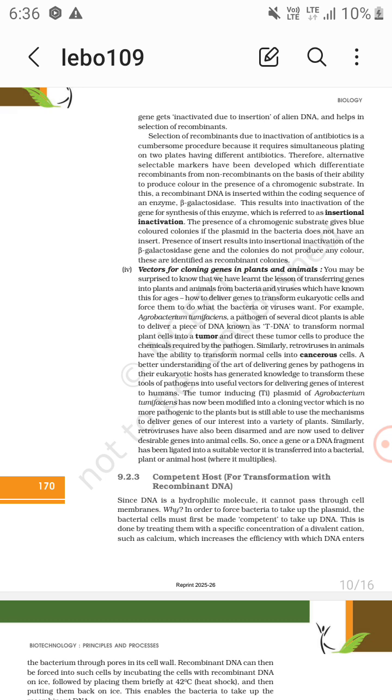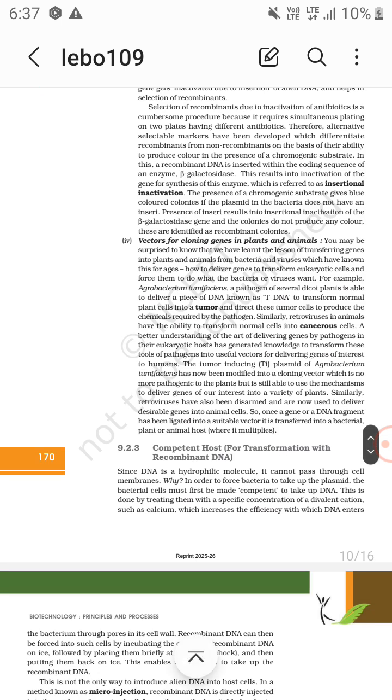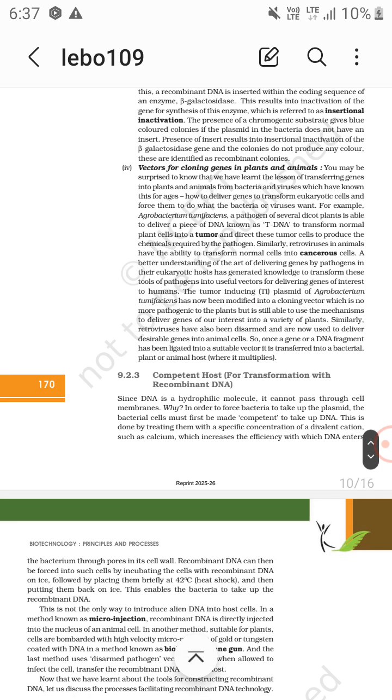Now, vectors for cloning genes in plants and animals. In plants it is Agrobacterium tumefaciens. In animals it is retrovirus. Now this retrovirus can cause cancer, so they are disarmed before they are used as vectors. In plants, as I told you, it is Agrobacterium tumefaciens.